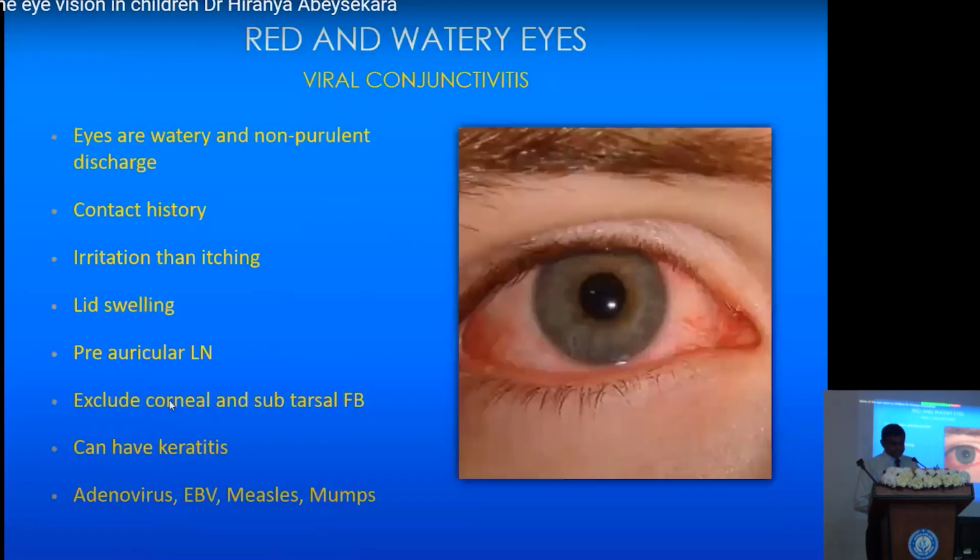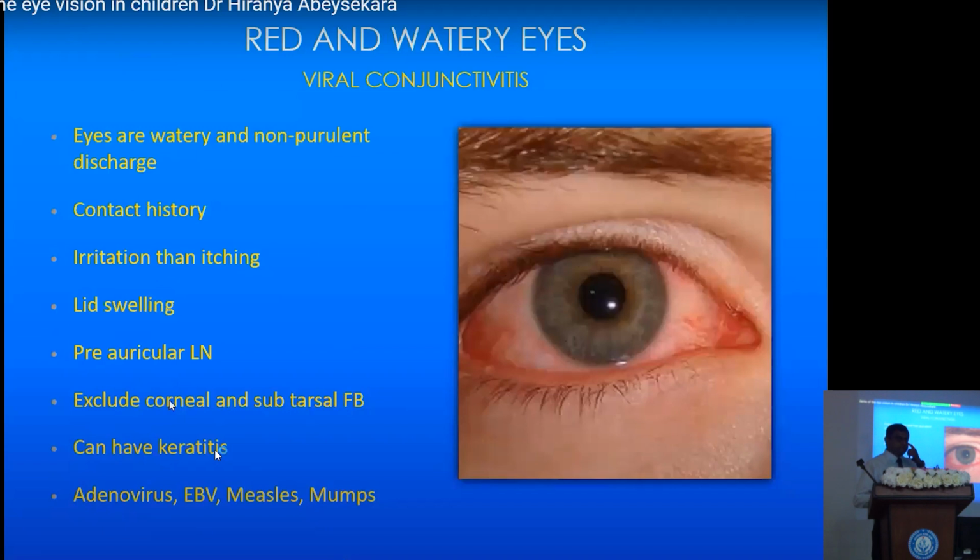So viral conjunctivitis, as I said earlier, starts with non-purulent discharge. Here, it's easy to diagnose. What you do is you just invert the lower lid and see, right? Unless you see lots and lots of children like that, you will not know which is normal and which is not normal.